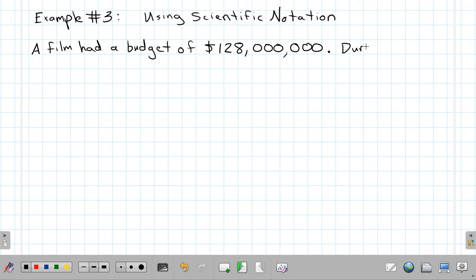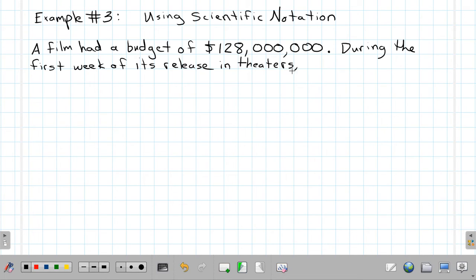And they also tell you during the first week of its release in theaters, it earns $59,400,000.